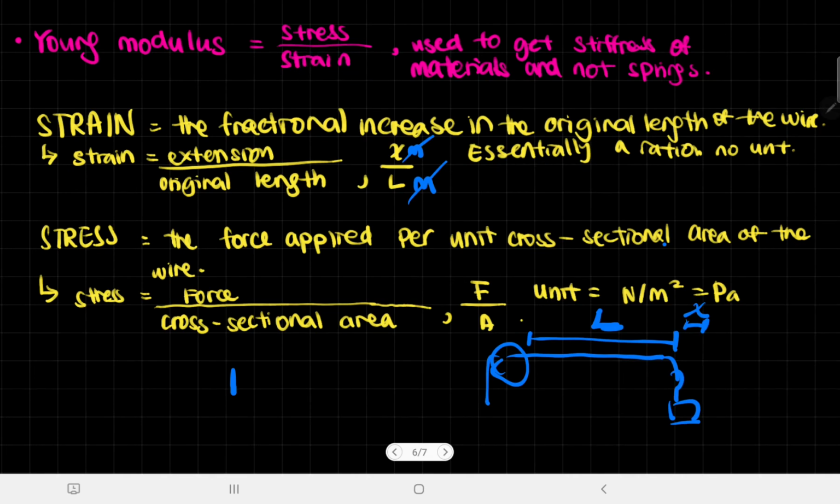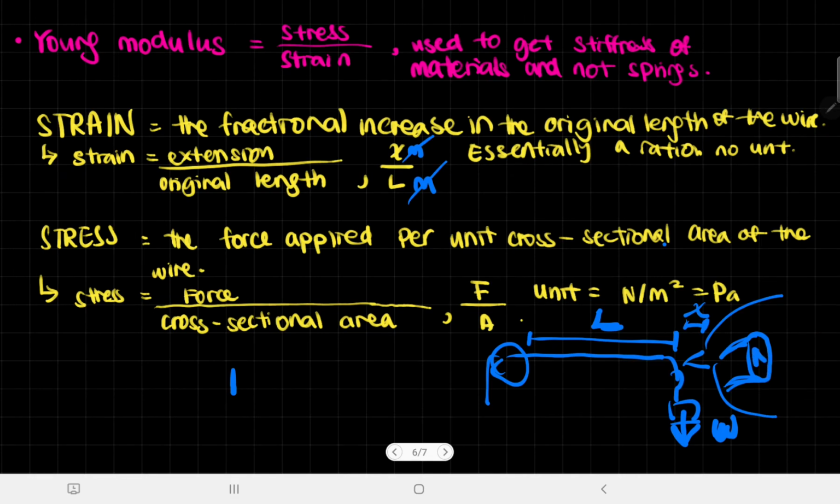Stress, on the other hand, is defined as the force applied per unit cross-sectional area of the wire. Stress is force divided by cross-sectional area. So if this had a weight, which we denote by W, that is the force, and if we look at the wire magnified, we would see that there is a cross-sectional area.